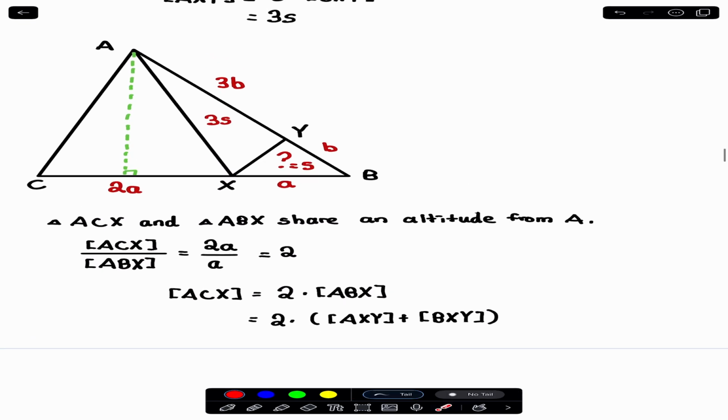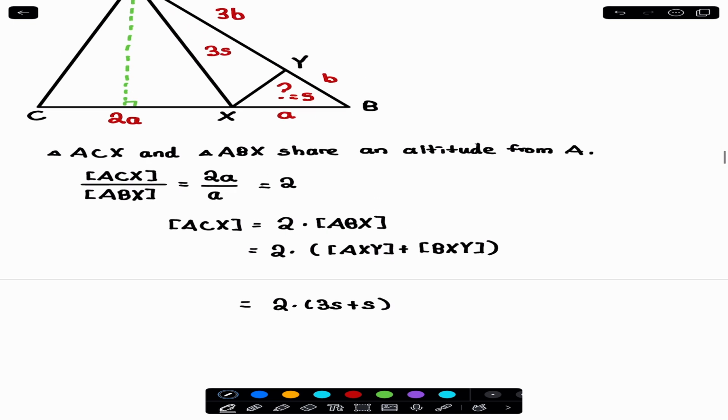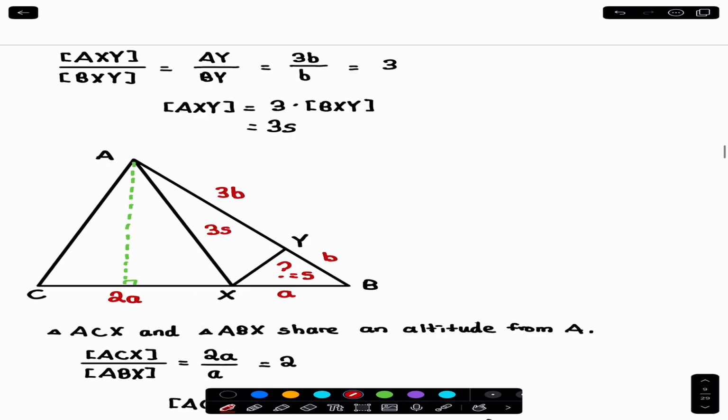You can see here ABX is just 3S plus S. So we're going to continue that. So that's 3S plus S, which is 4S. I'm going to go ahead and add that back to the original diagram, because now we can finish the problem.